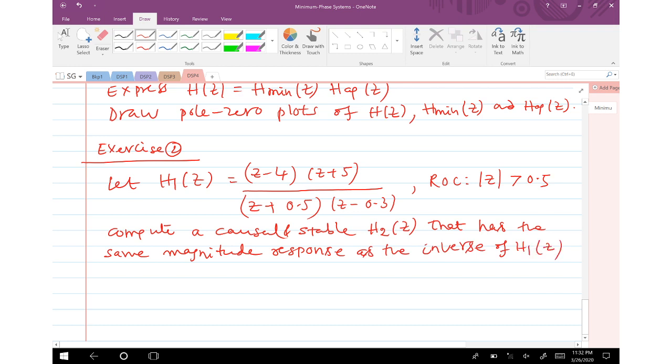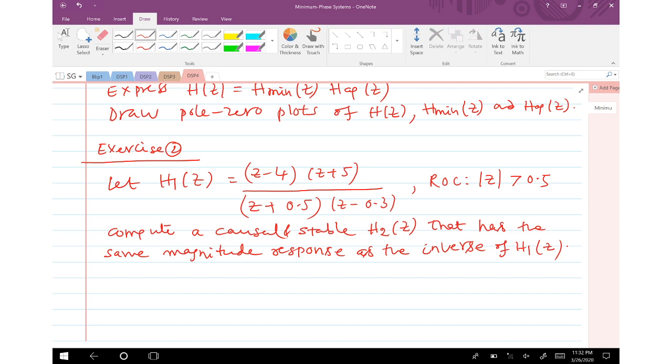This is exactly the same question we had seen, a communication channel that is introducing distortion. What you do is decompose it into H_min(z) and H_ap(z), and H2(z) is essentially equivalent to 1 by H_min(z). That's all you have to compute here.